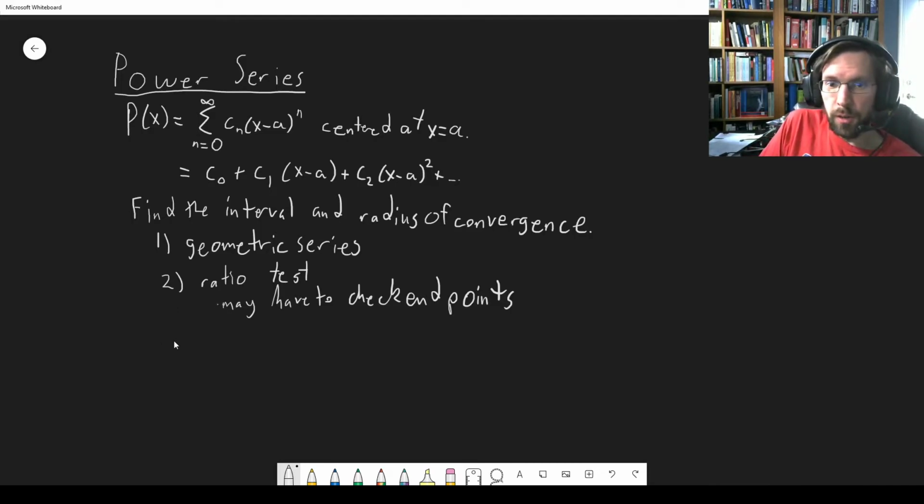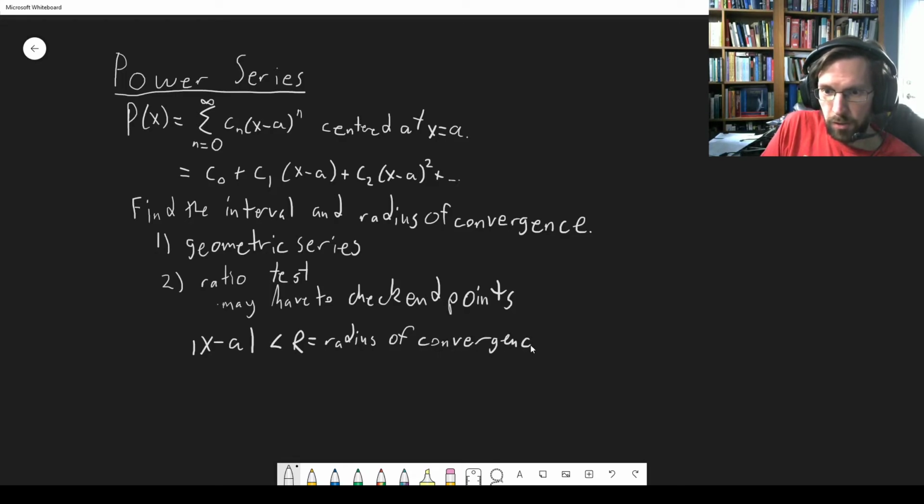Okay, so if at the end of the day you get absolute value x minus a is less than some value r, that's your radius of convergence. Okay, so that's after applying the ratio test or the geometric series test.